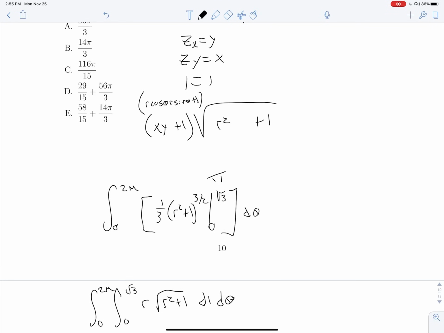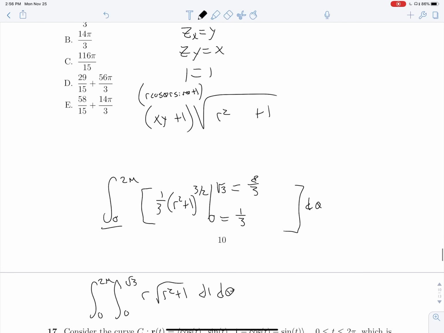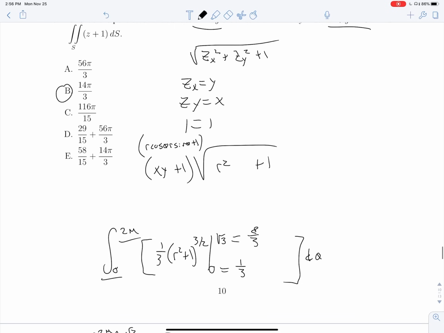And inside here, this is going to be 4 to the 3 halves, which is root 64, so 8 over 3. And this is going to be 1 to the 3 halves times 1/3, which is just 1/3. So 7/3 it is. And then if we integrate 7/3 from 0 to 2 pi d theta, we will get 14 pi thirds. And that is our answer.